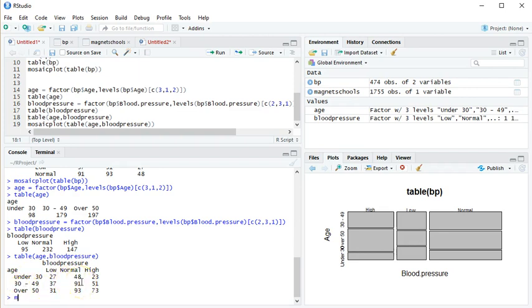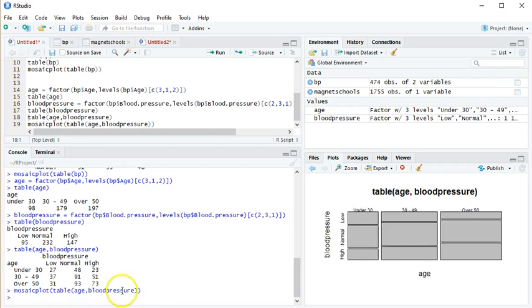And by making a mosaic plot of that table, you can see this makes a little more sense.